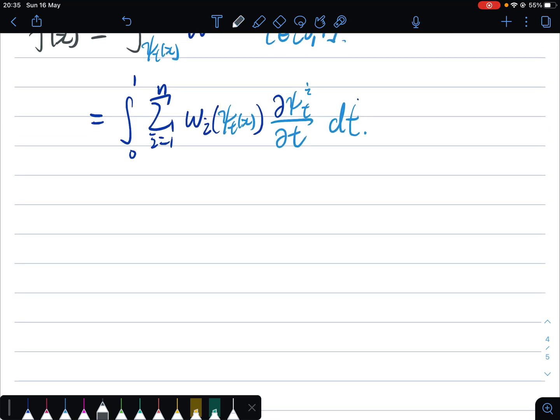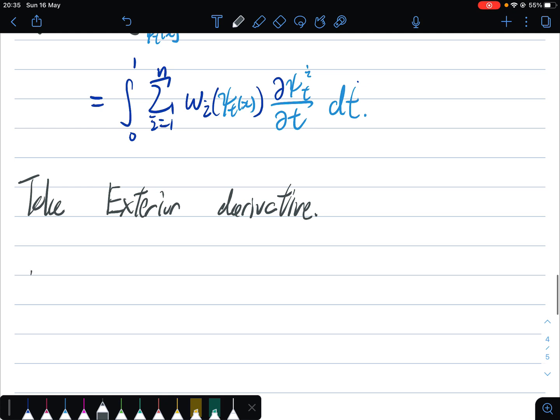Then we take the exterior derivative, df(x) by definition. We take the j component.